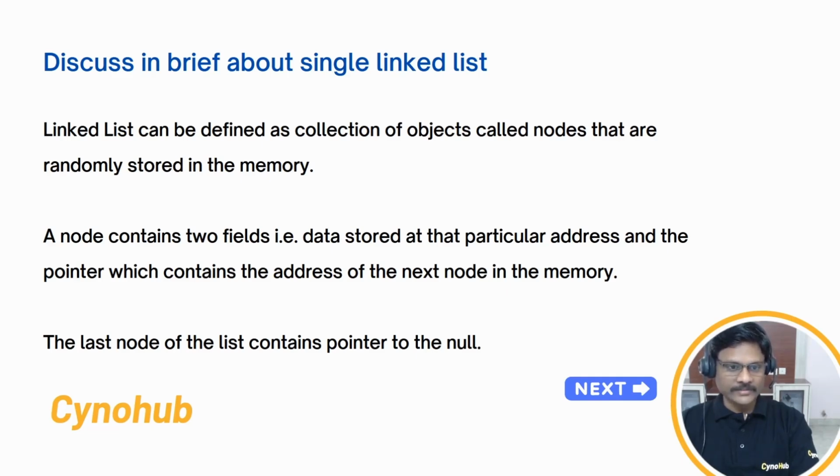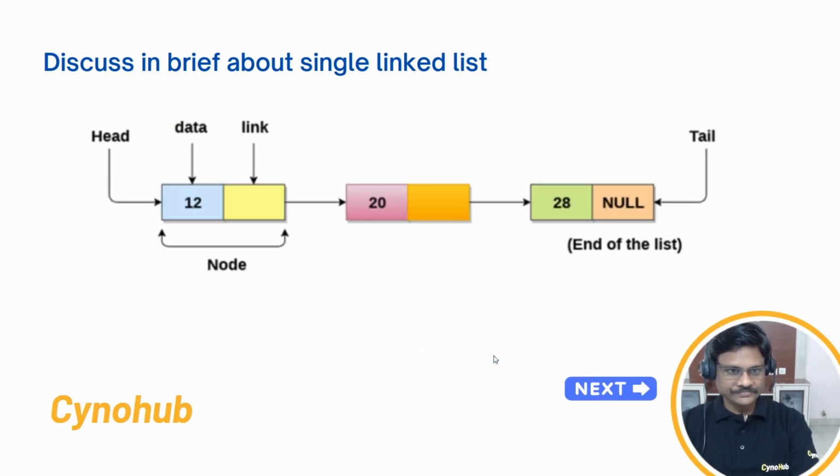contains two parts. One is the data part, or the value to be stored, and the second is the address of the next node, or the reference of the next node. The last node of the list contains a null pointer to indicate that the list has ended.